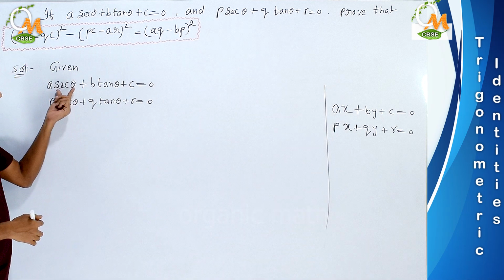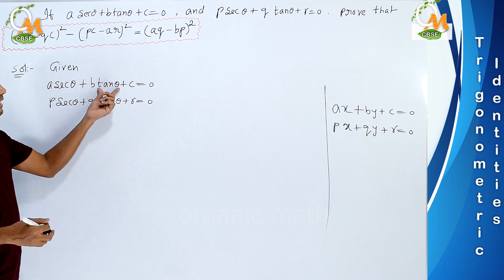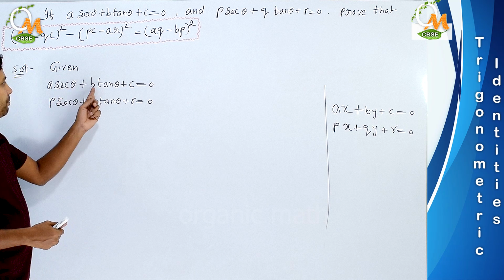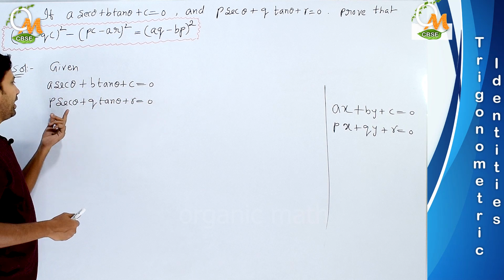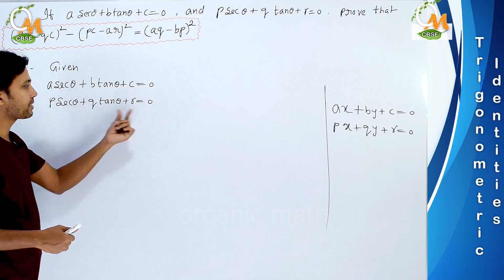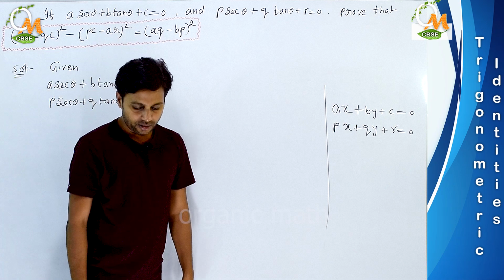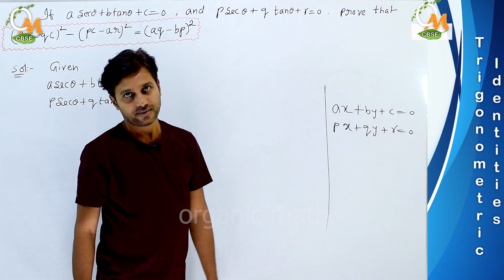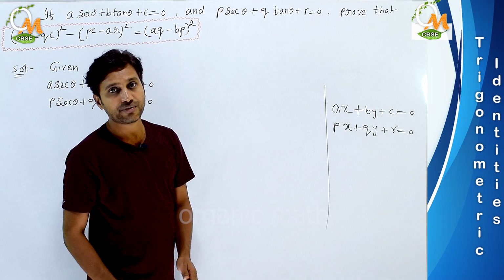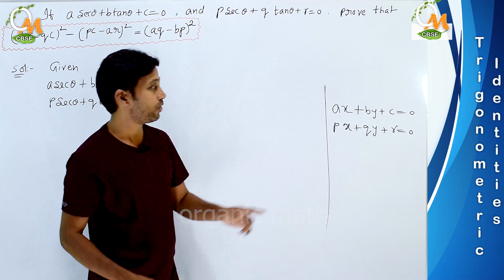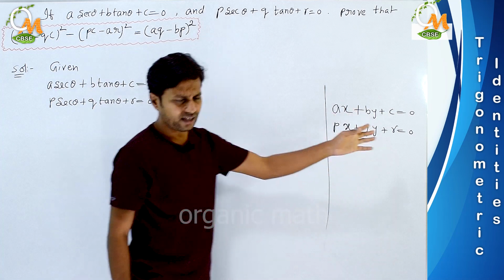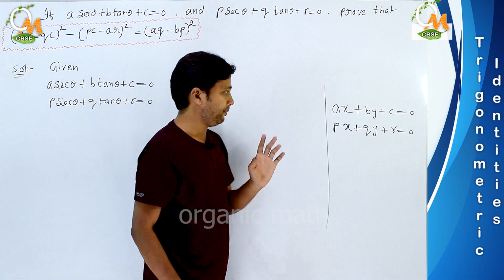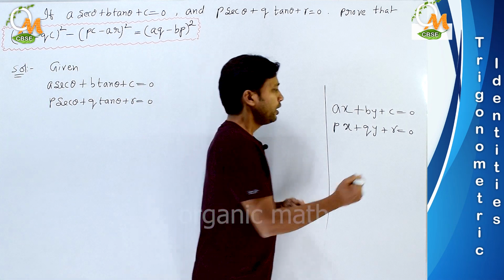Now, these two are representing linear equations in two variables. What are the two variables? x and y. And of course, those two variables are secant theta and tan theta. Okay, just see how to solve this.